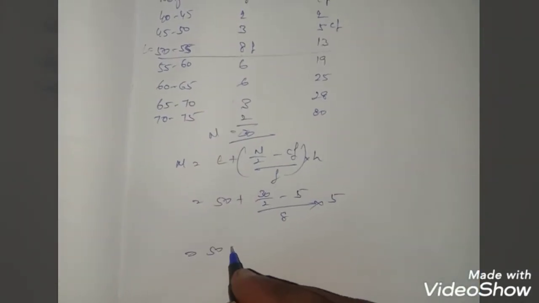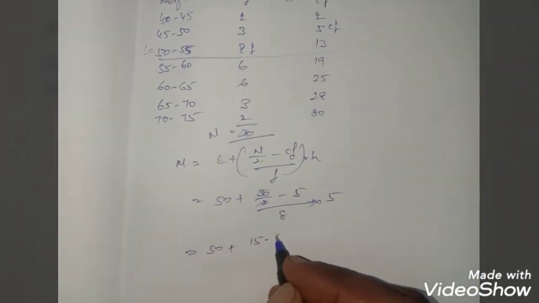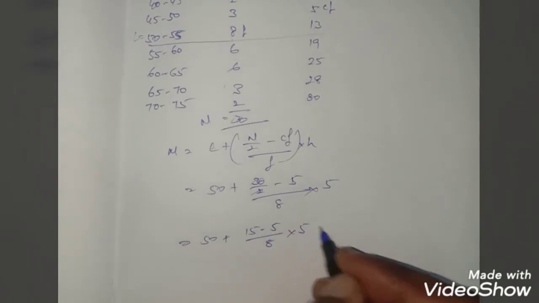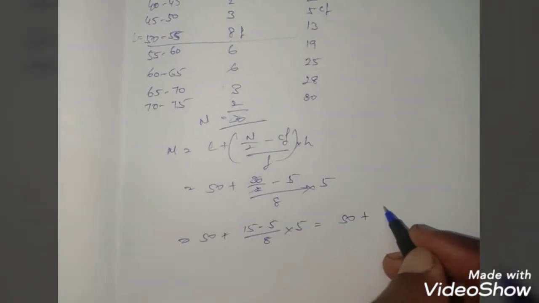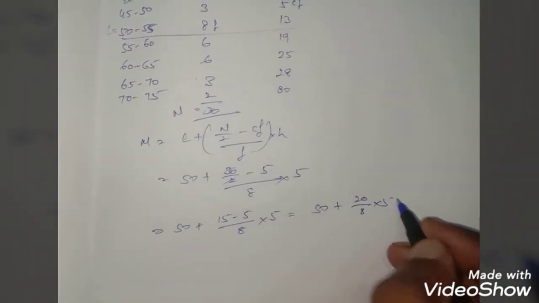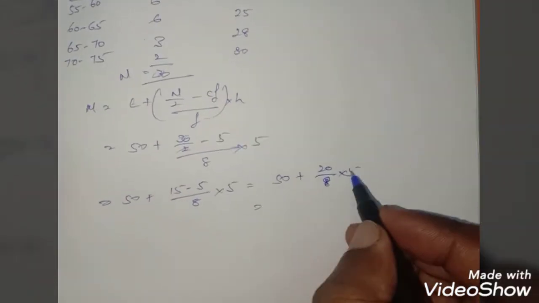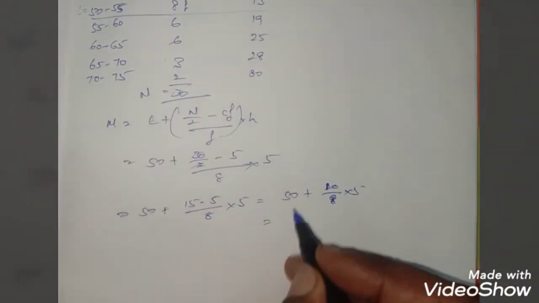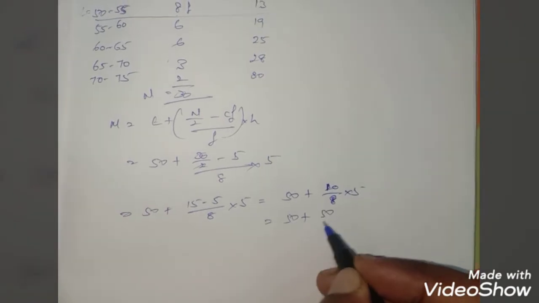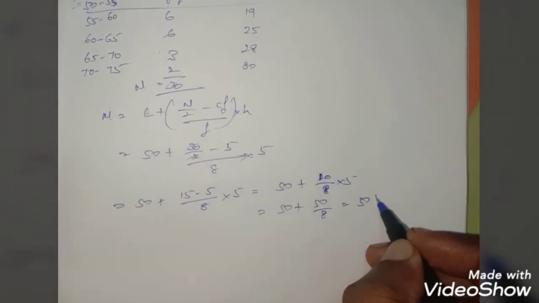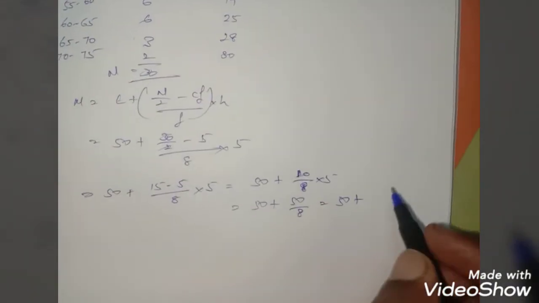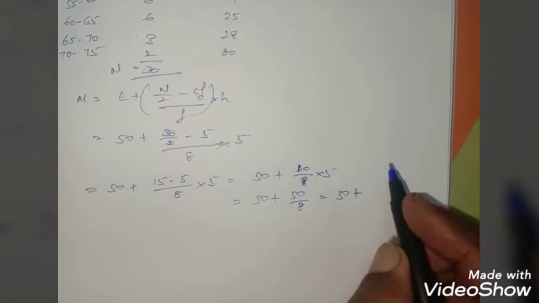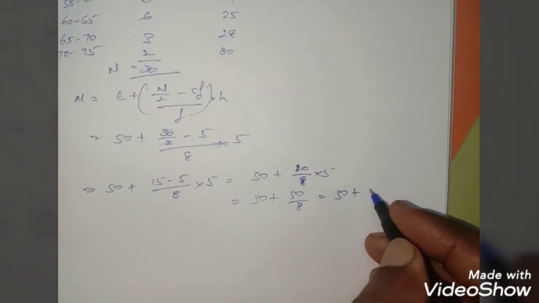Now 50 plus, if I cancel, you will get 15 minus 5 by 8 into 5. So you will get 50 plus 10 by 8 into 5. Now if I multiply, I will get 50 plus 50 by 8. Now 50 plus, if I divide by 8, you will get approximately 6.25, so about 56.25.